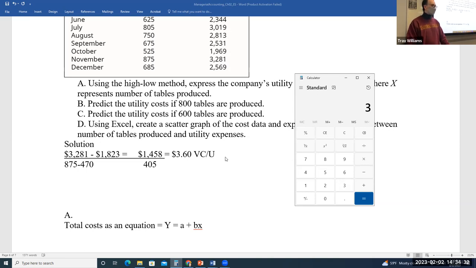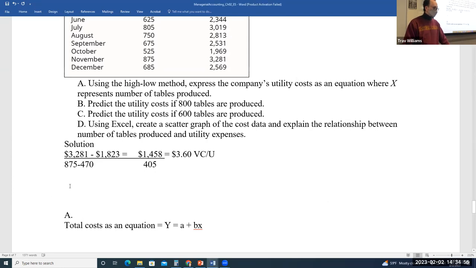So we take the total cost in November of 3,281. Did I say 3,150? What was the number? Forgot. Okay, let's do it again. 360 times 875, 3,150. Okay, so 3,281 minus 3,150 is 131.